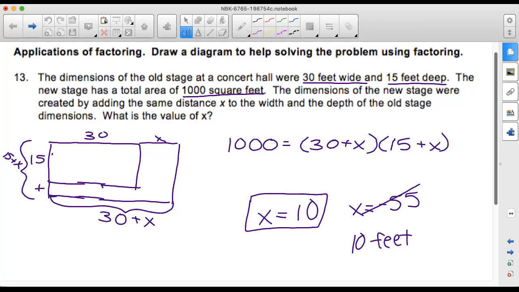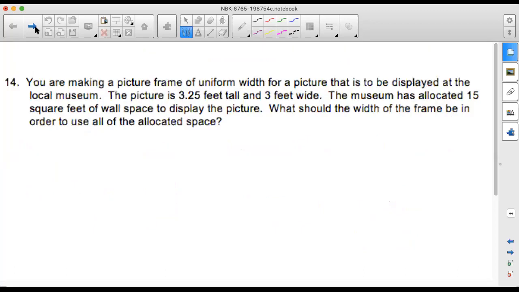Cool. I want to make sure I go through the setup of these with you. You are making a picture frame of uniform width for a picture that is to be displayed at the local museum. The picture is 3.25 feet tall and 3 feet wide. The museum has allocated 15 square feet of wall space to display the picture. What should the width of the frame be in order to use all of the allocated space?